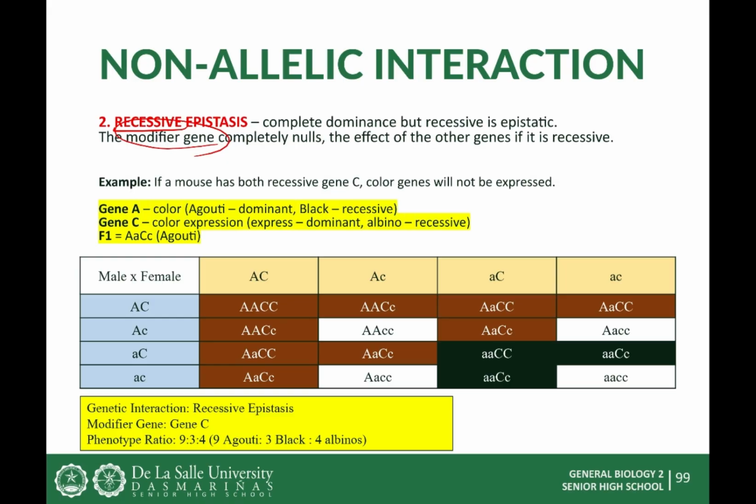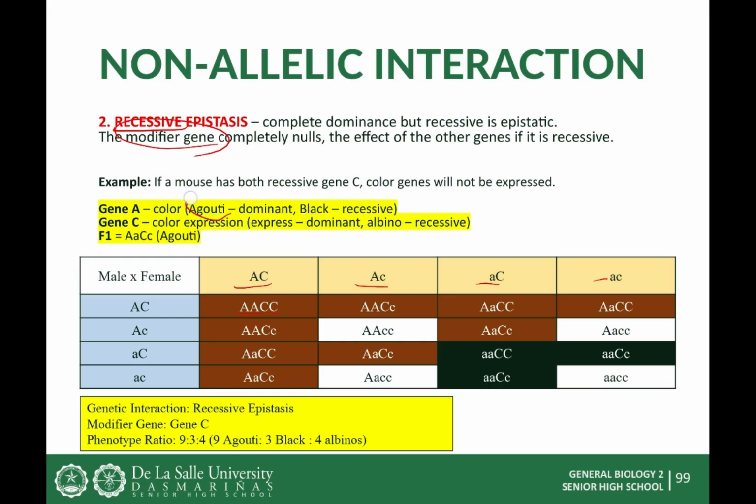Now, let's have this example. So, again, both of the parents are heterozygous for the trait, which will give you this type of gametes. Okay, so now looking at this, let's determine the phenotype from the genotype. So if both of the genes are dominant, therefore, what will be expressed?